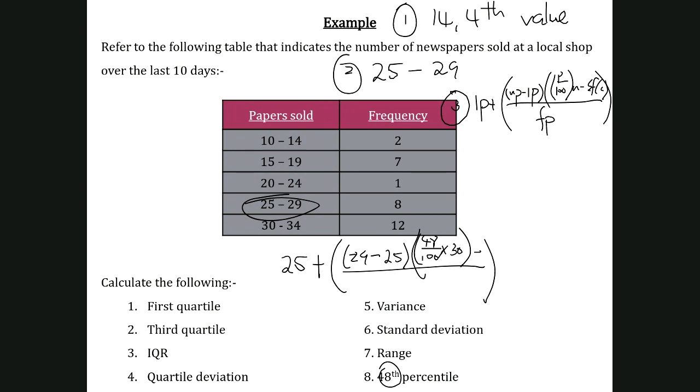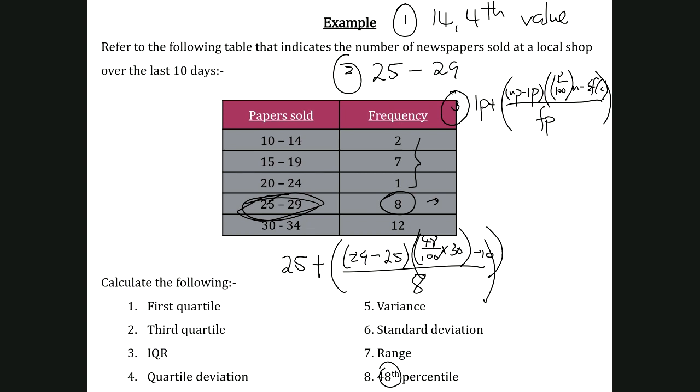You selected 25 to 29, so you sum up the frequencies of the groups before it: 2 plus 7 plus 1 gives you 10. Sorry about that, it's a bit squashed up. In your denominator is the frequency of the group itself, so it's over 8. Now you have your values that go into it.